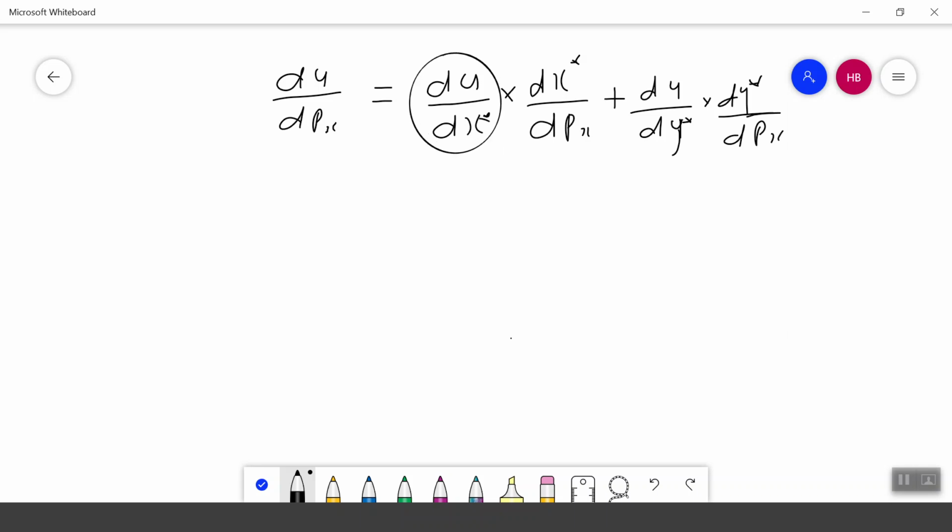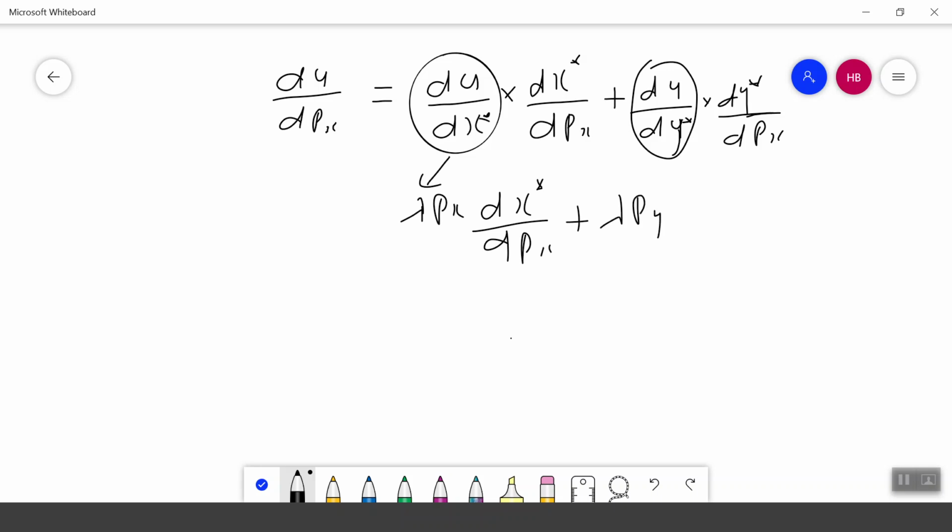Now du by dx and du by dy become lambda px and lambda py, as these are the changes in utility with respect to x and y. So that will give you lambda px dx by dpx plus lambda py dy by dpx.